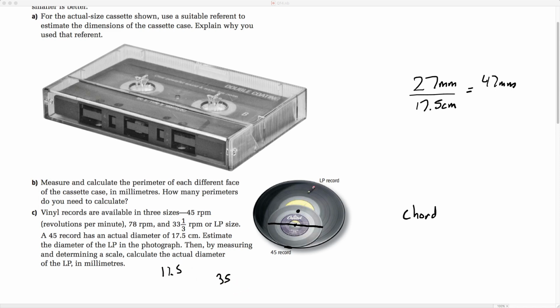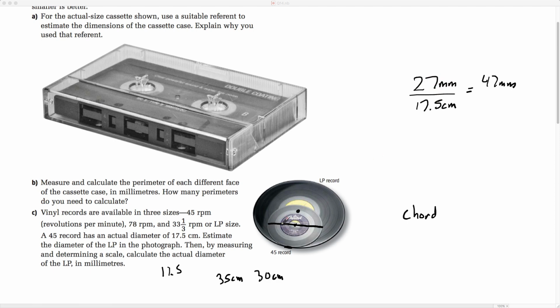And so we might say, well, it's going to be less than that. Maybe we'd say it would be 30 centimeters. I'm not sure, as opposed to 35 centimeters. So that would be my estimate just based on the diagram here, because it's less than half of what the 45 is.